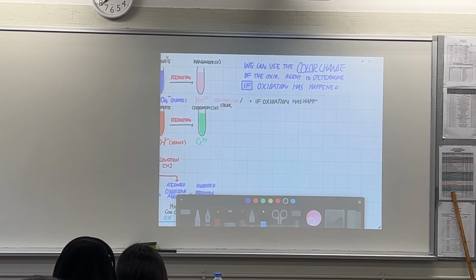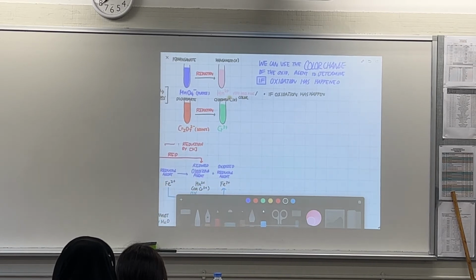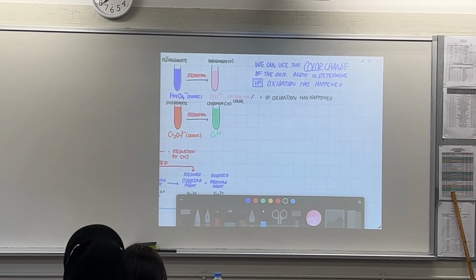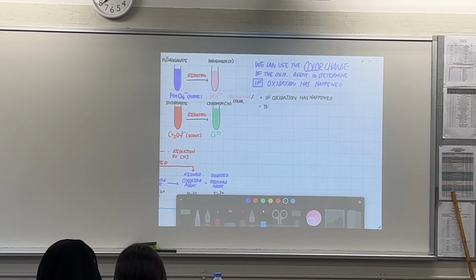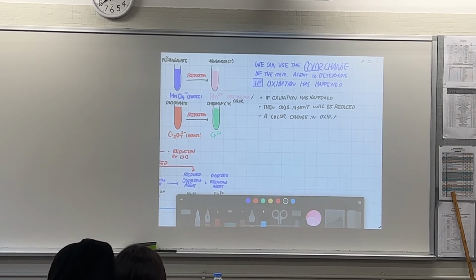And if it is reduced, a color change will be observed in the oxidizing agent, either MnO4 minus or Cl2O7 minus. And that's how we know that oxidation has happened. So remember, when oxidation happens, a color change will occur.